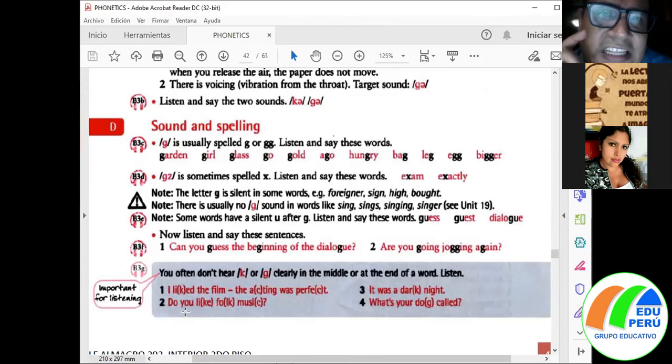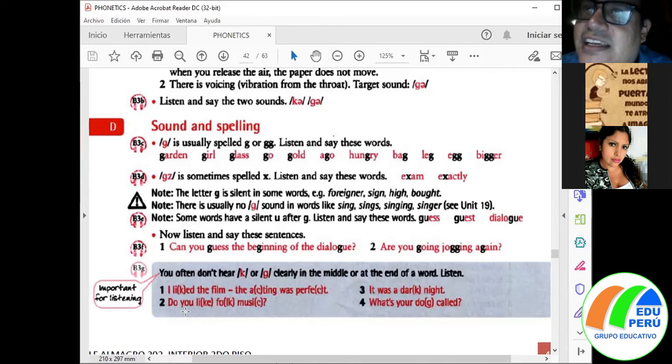We have seen before that the letter X, we usually pronounce with the sounds K and S. But there are some times that you're going to use voiced sounds. Notice here that you're going to produce it with a voiced sound, with vibration. G, Z, G, Z. Listen and say these words. Exam. And notice how you pronounce it.